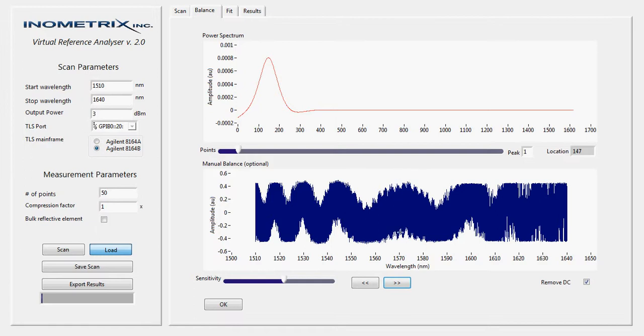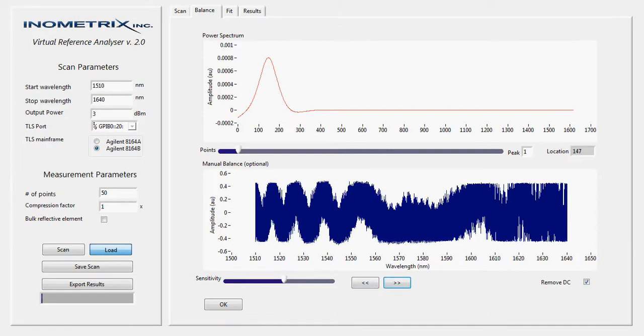So they will be equal at a specific wavelength, and that's where the center is. By advancing to the left or to the right, we're finding the group delay: the group delay in the virtual cavity equals that in the real cavity at a different wavelength. So we know the group delay of the virtual cavity. We just need to determine where the center is. Now, how do we determine that center? Well, let's move on to the fit tab.